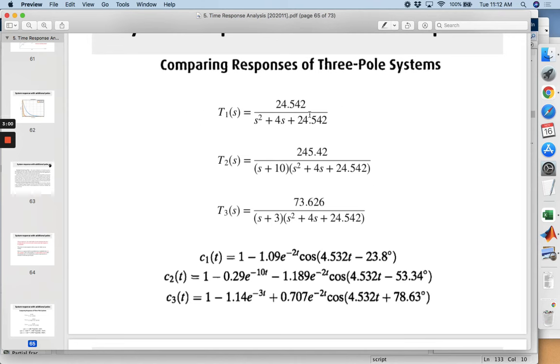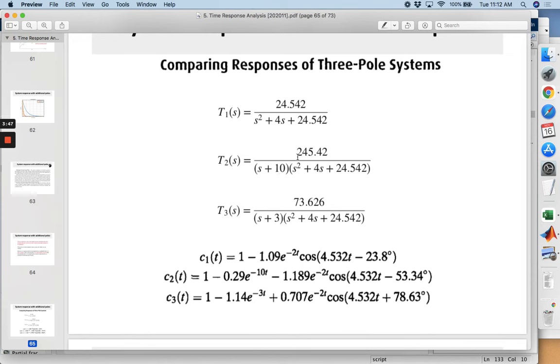This is the first one, the control or the benchmark system. This is the second order system. And then T2 here is the third order system, which has the same second order system, but we add an extra pole, s plus 10.